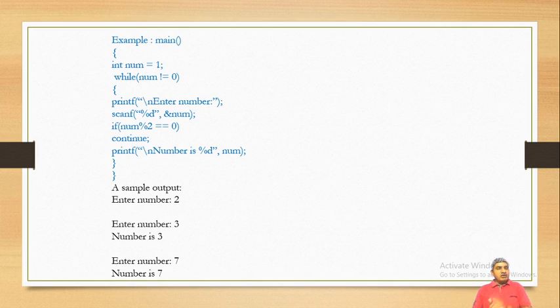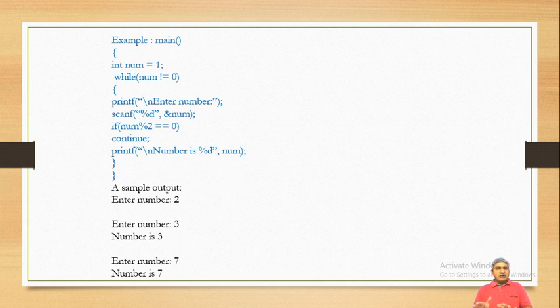In the sample output, if we enter number 2, number 2 divided by 2 gives remainder 0. Now this condition is true, so the message enter number 2 is displayed on the screen only.